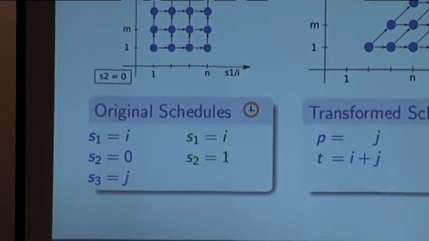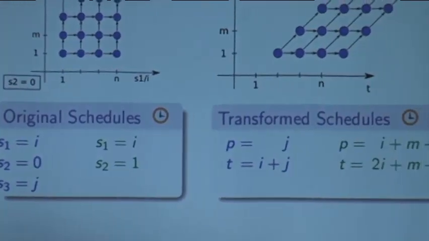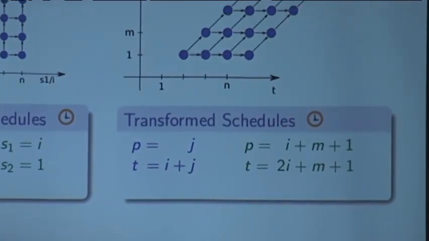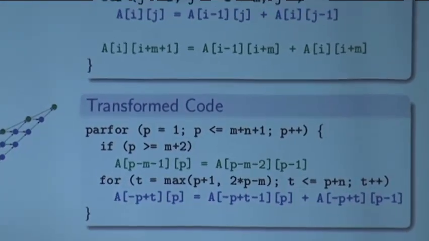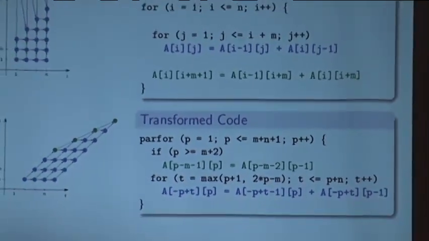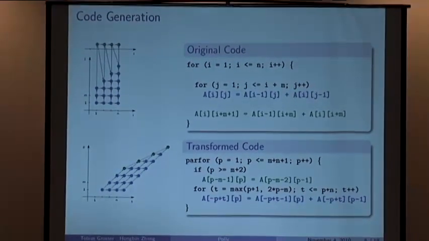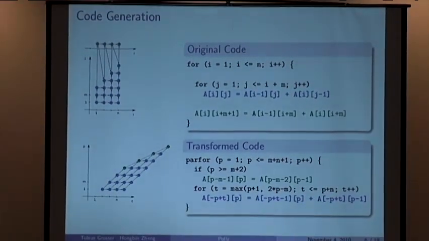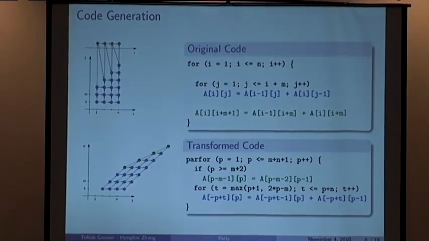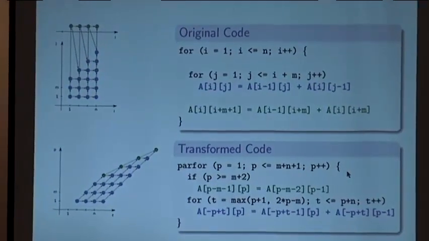So in that case, we don't have any dependency and can execute those statements in parallel. If we switch over to code generation, you see the original code, and you see in the transformed code that we introduced a parallel for loop. This is just where you would probably write an OpenMP parallel, and you're fine.